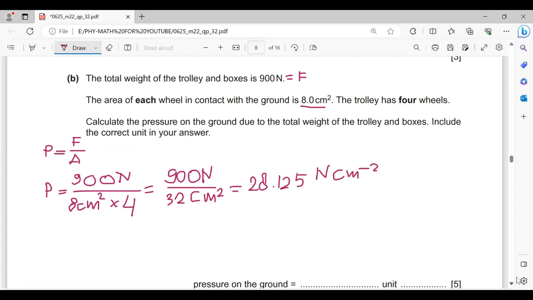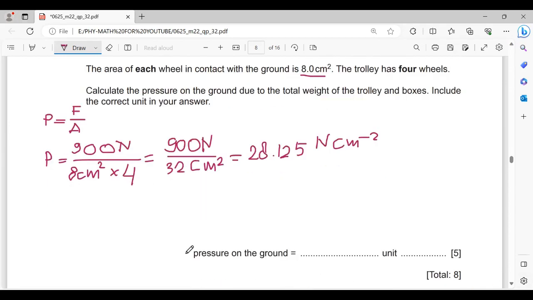So this is the solution: pressure on the ground is 28.125, and the unit is newton per centimeter squared.